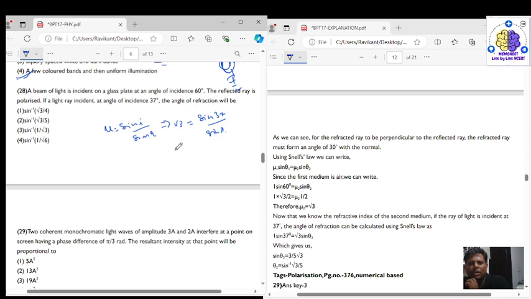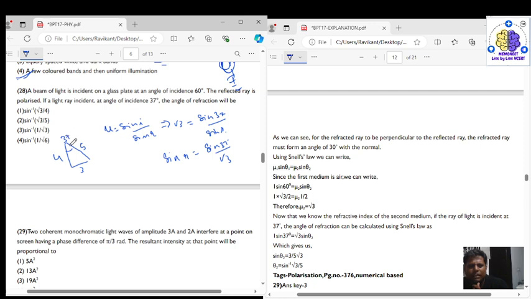So from here we'll get sine r is equal to sine 37 upon root 3. Now sine 37, again using the triangle, if this is equal to 4, this is equal to 3, then this is equal to 5, and this angle is 37 degrees.